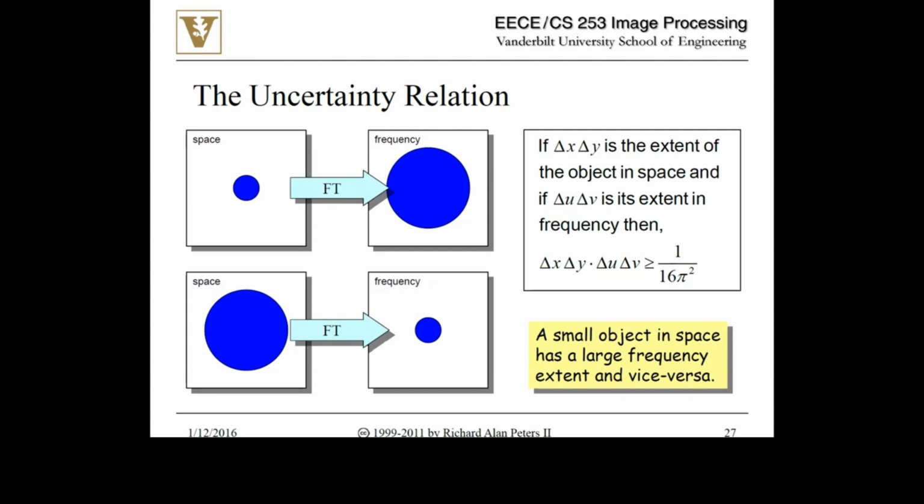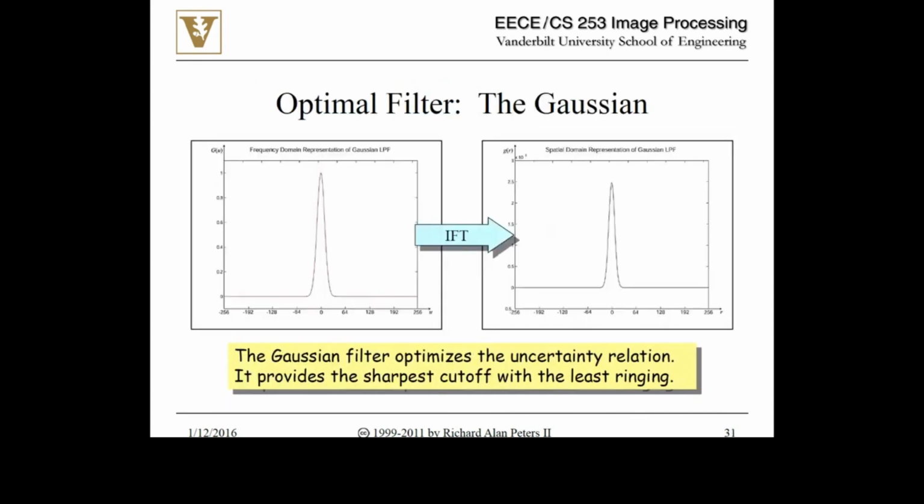So which is the one that gets closer to the bound? And that is the Gaussian. So the Gaussian is the one that gets more or less as close to the bound as possible. It follows the same principle in the sense that if a Gaussian is wide in frequency domain, it has to be narrow in the space domain.